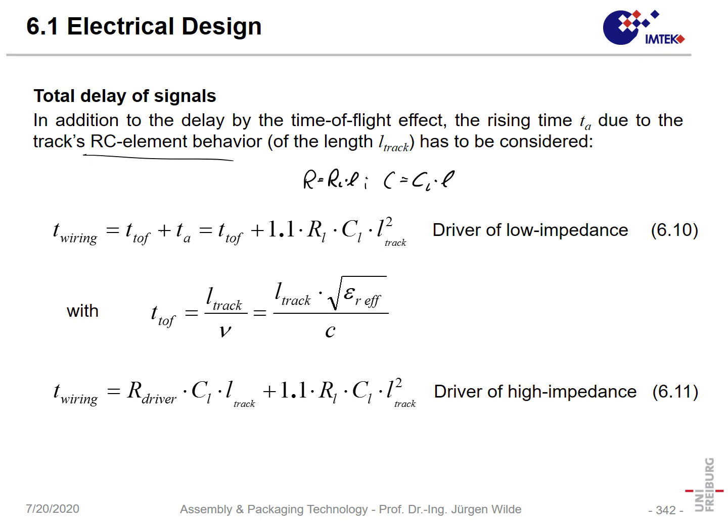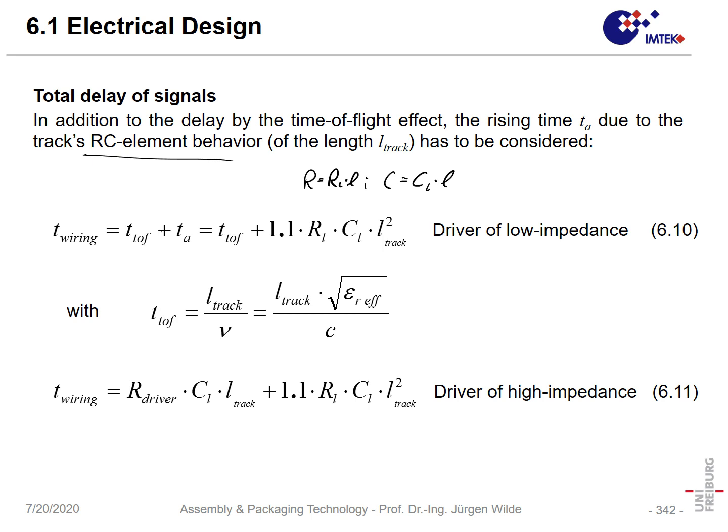In case we have a driver which has a high resistivity, then we have that second RC term, but we also have the influence of the driver resistance times the capacitance of the line times the length of that track as an additional factor.